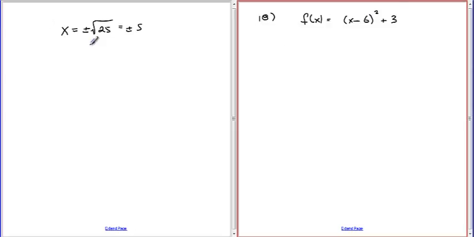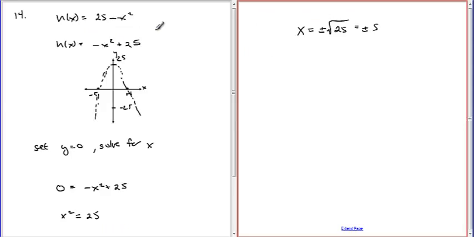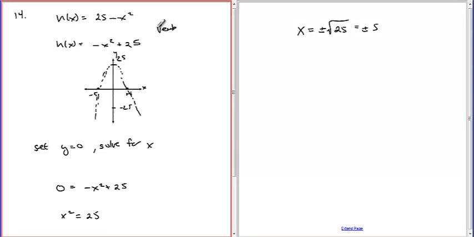We didn't talk about that over here, but the vertex of the last one is the coordinate pair 0, 25. That's the vertex. And you can get that from the original expression because there's no x shift. So the x coordinate is 0, and there's a y shift of 25, so the y coordinate is that.